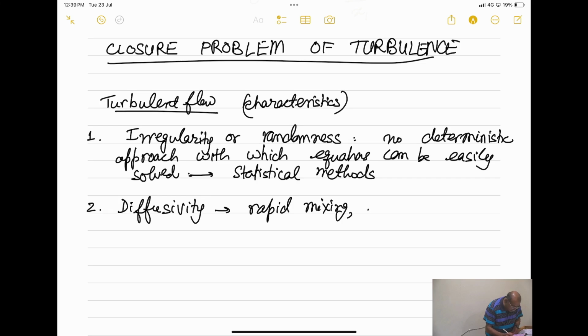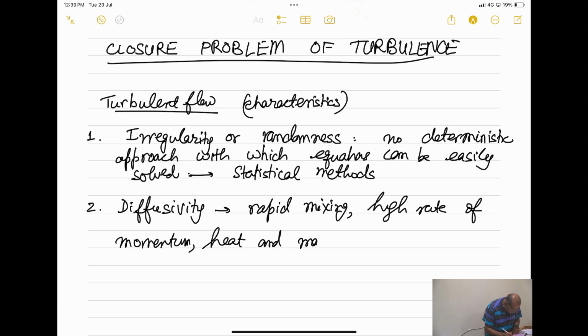rapid mixing and there is a high rate of momentum, heat, and mass transfer.